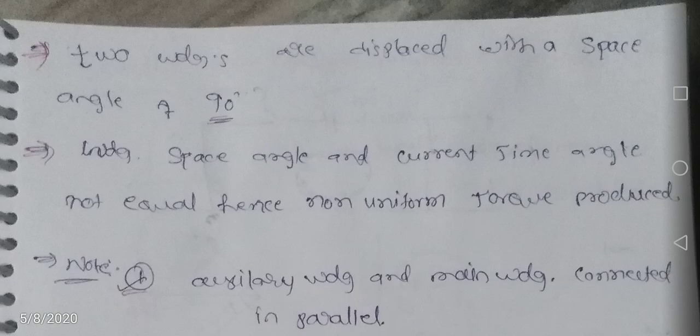So listen, in a three-phase induction machine, if a three-phase supply is given, then the winding space angle is 120 degrees and the current time angle is 120 degrees.